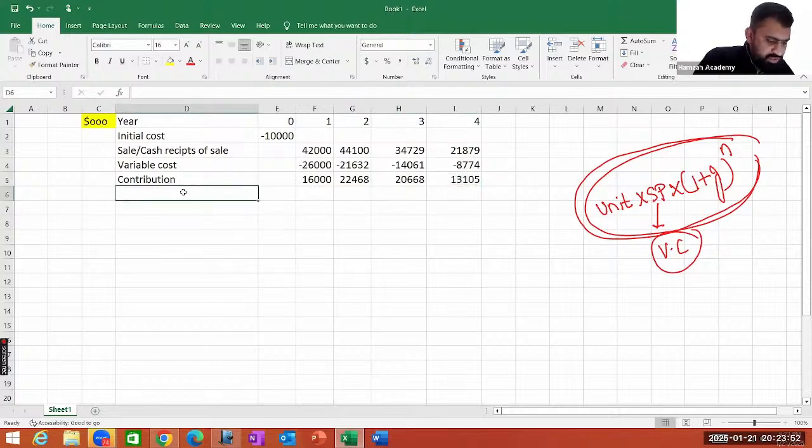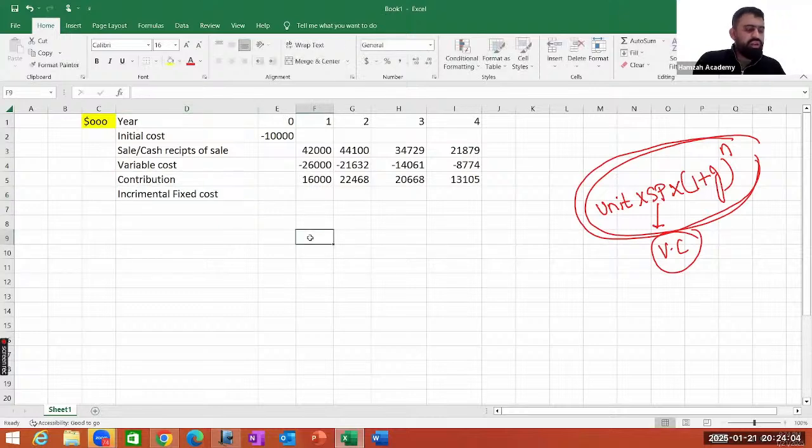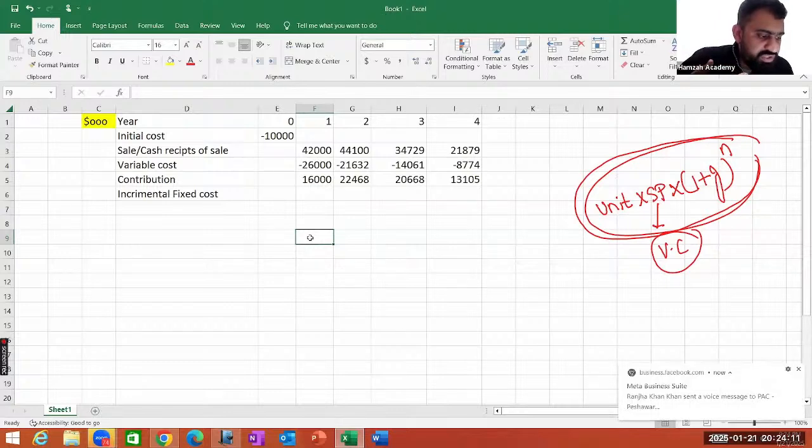Now, after contribution, we will take the incremental fixed cost. Now, fixed costs are of 2 types. One is the existing fixed cost, generally administrative overhead. The existing fixed cost is an irrelevant cost.